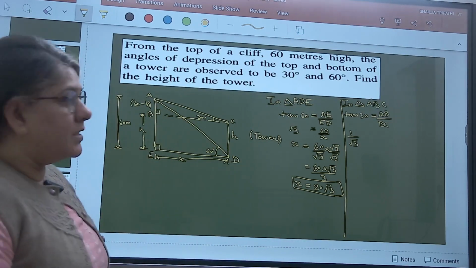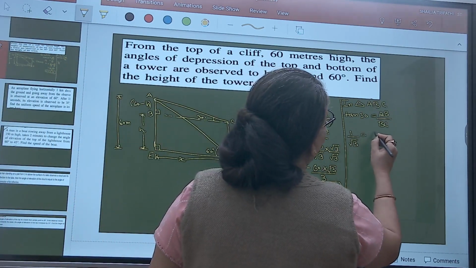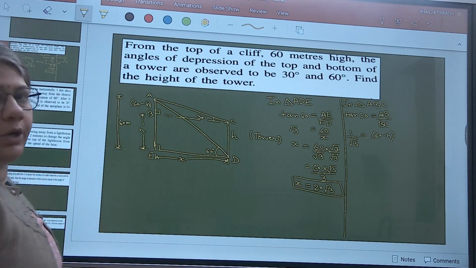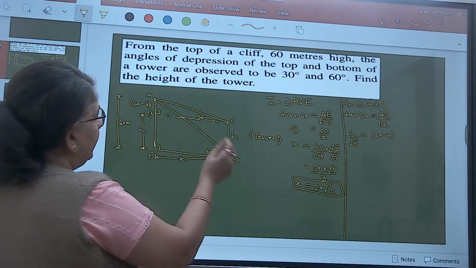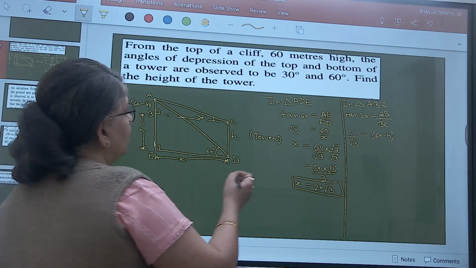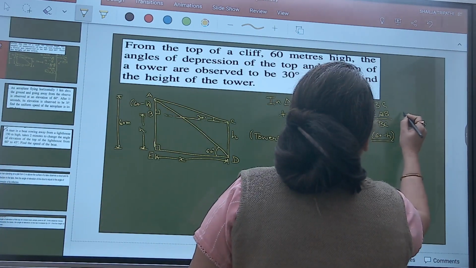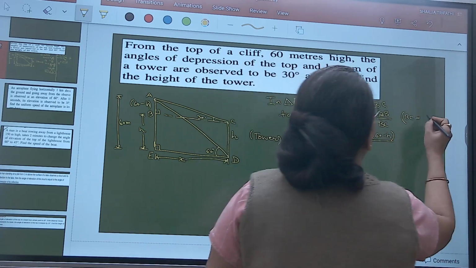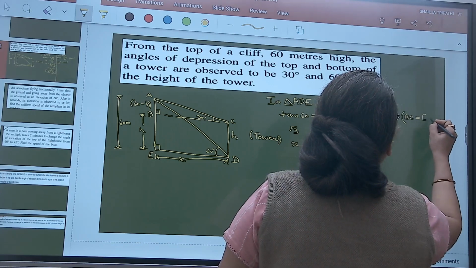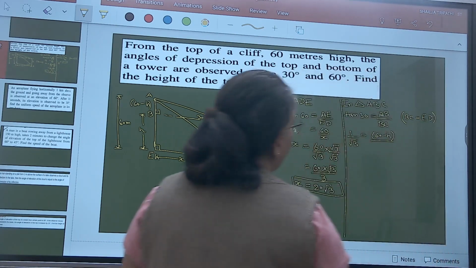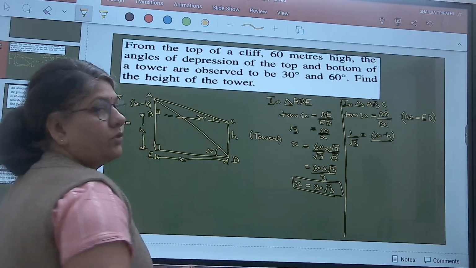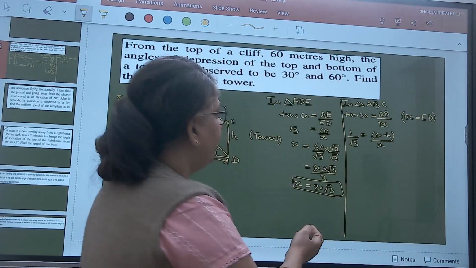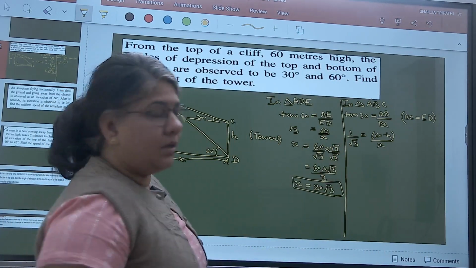AB is 60 minus h. And BC is equal to ED because BCDE is a rectangle. So ED we have already assumed to be x, and we will place the value 20 root 3 in place of x.